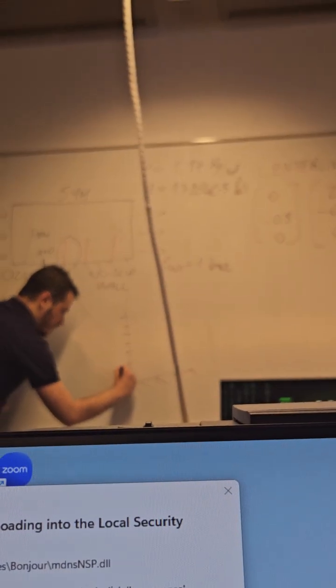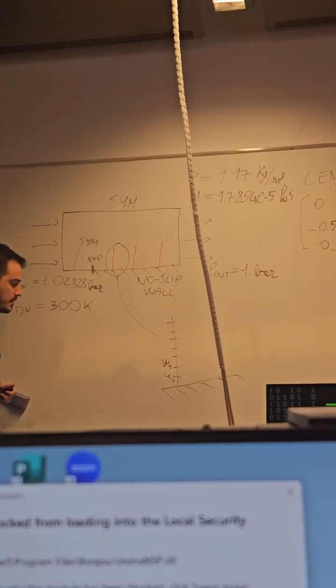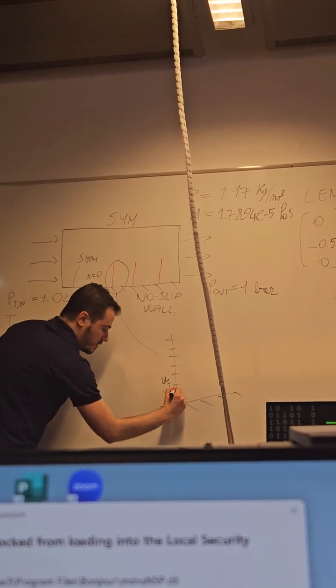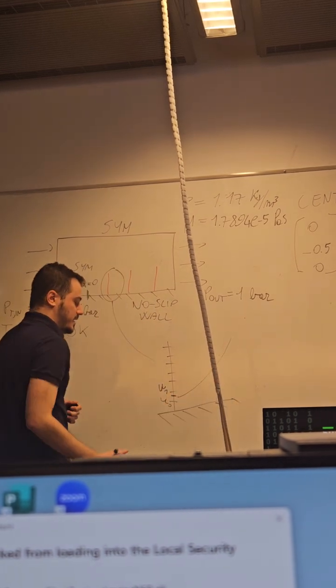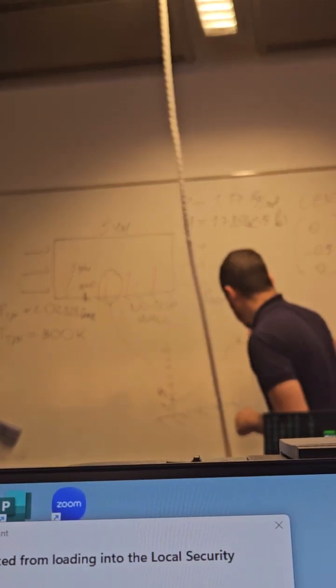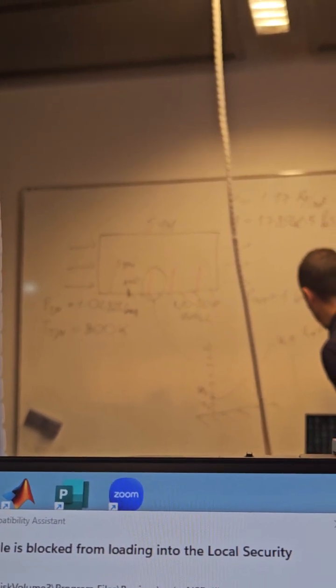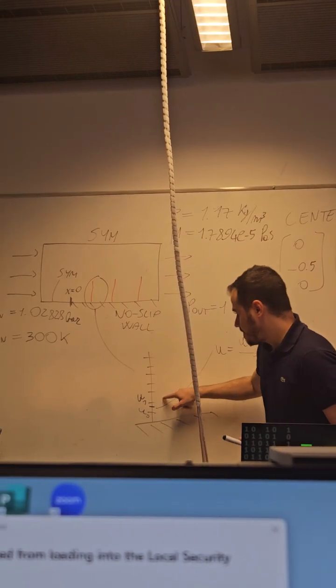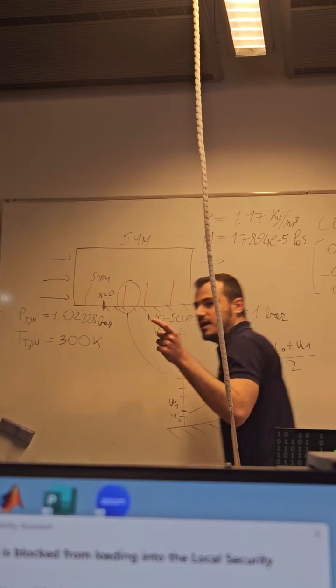So this is, for example, u0, this is u1. The value between u0 and u1 for me is going to be the arithmetic average. So I'm just calculating it as u0 plus u1 over 2. So for each cell, for each section, I calculate the arithmetic average of the velocity as uy.